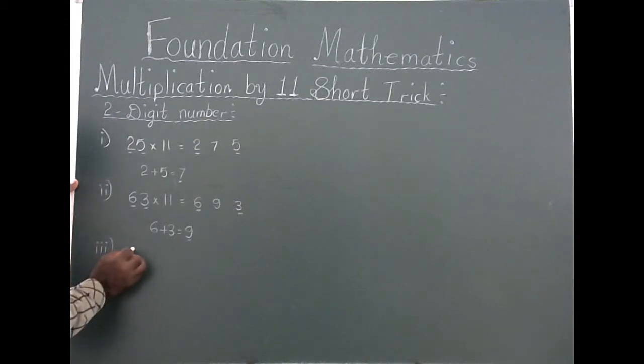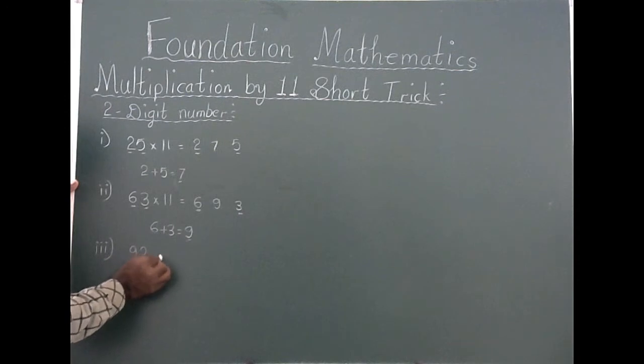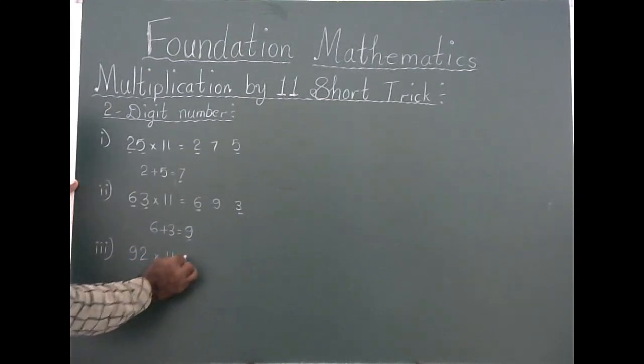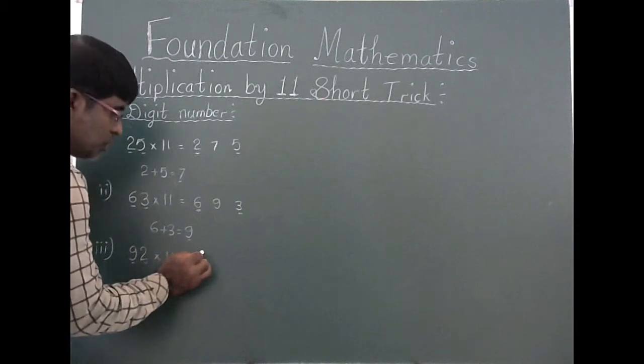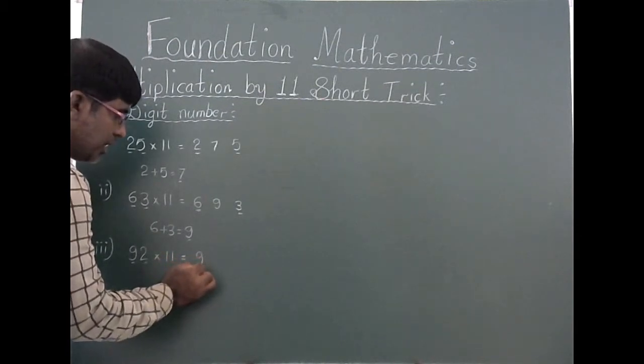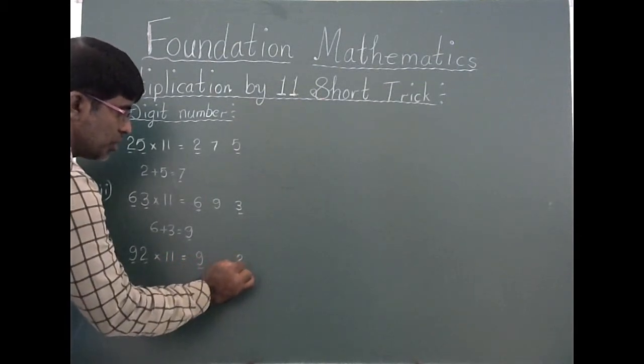Okay, I am taking one more example, 92. 92 into 11. The first digit is 9, the last digit is 2. These two digits as it is I am writing, 9, 2.